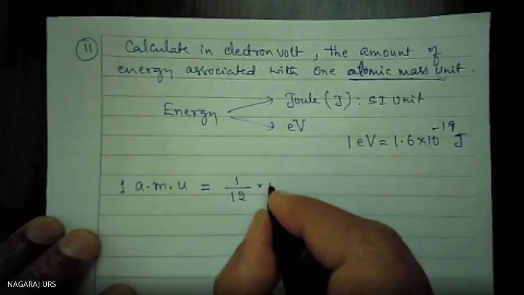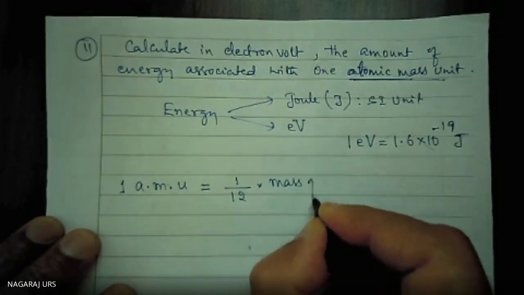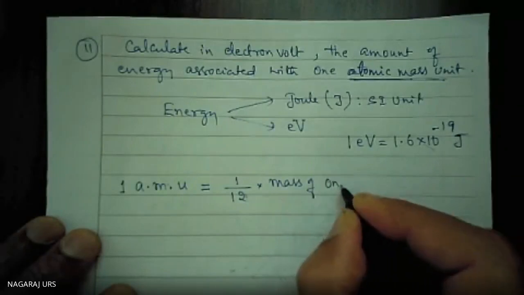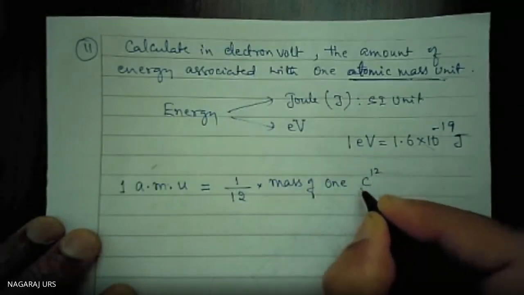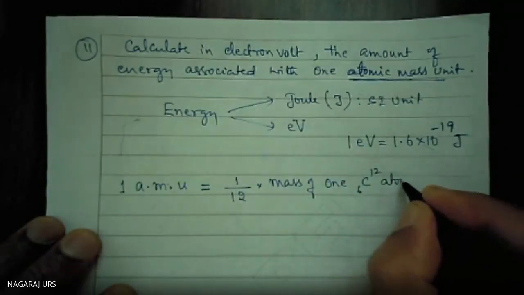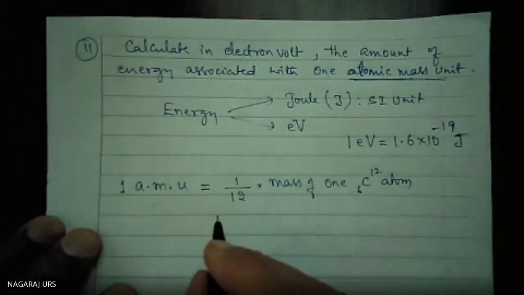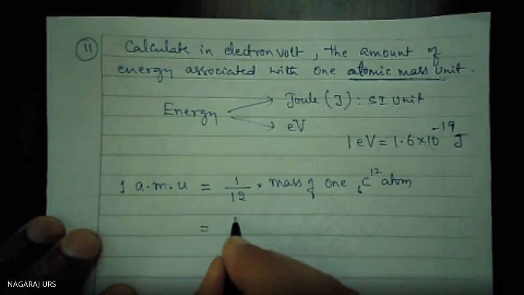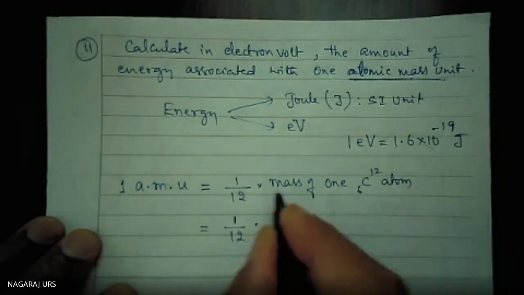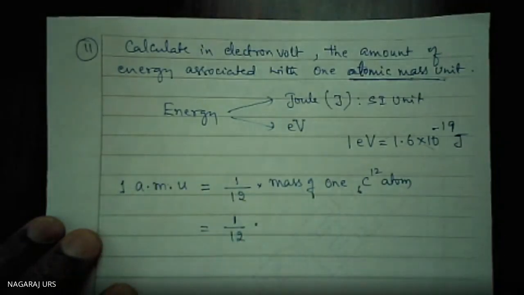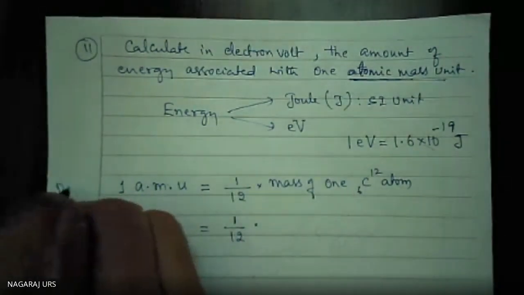The mass of one carbon 12 atom is the known thing, and 1/12 is the definition for one atomic mass unit.